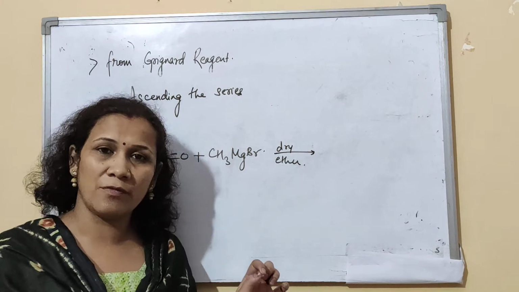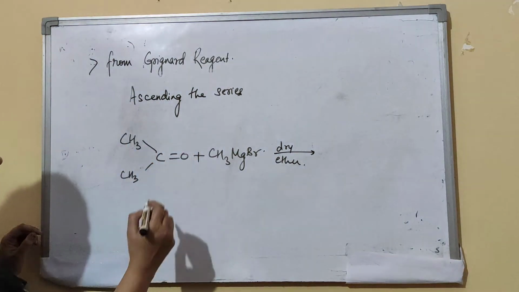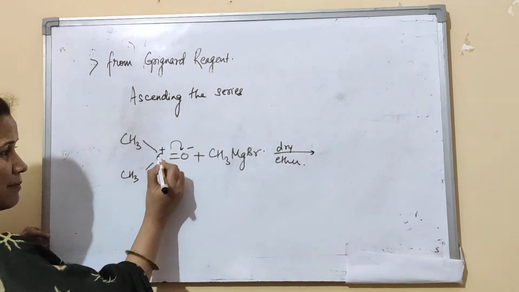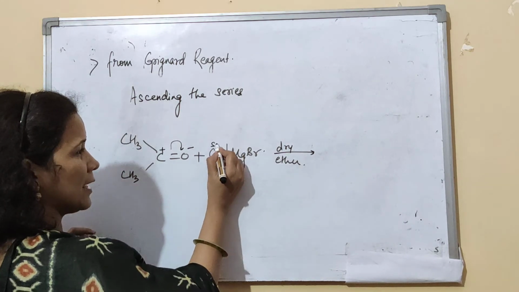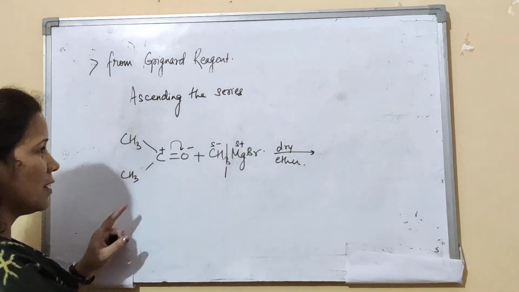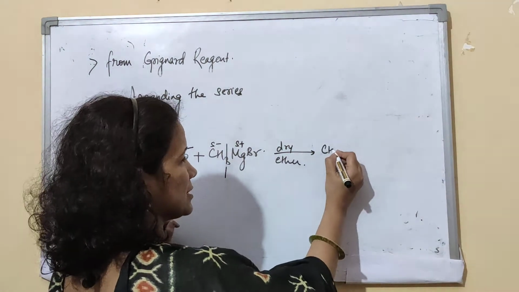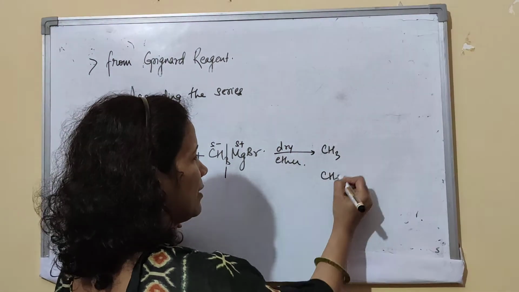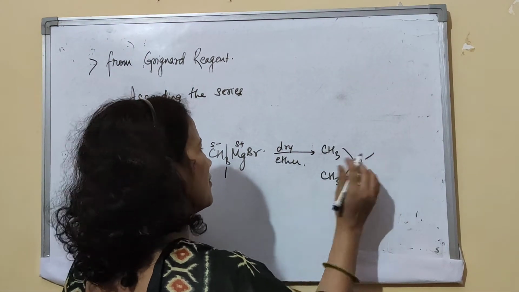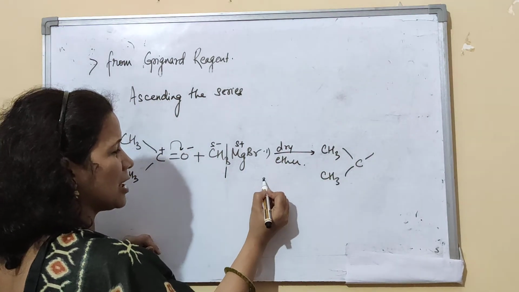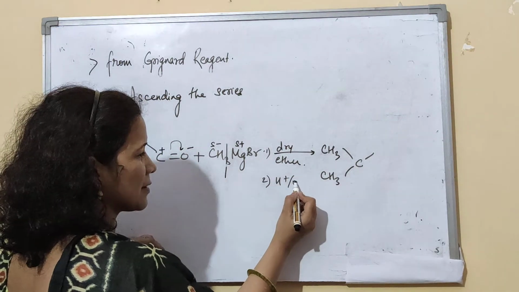The rule will always remain the same. That means what? Minus and plus, negative and positive. So we attach CH3 to this carbon. I'll just simply write the last product after hydrolysis.